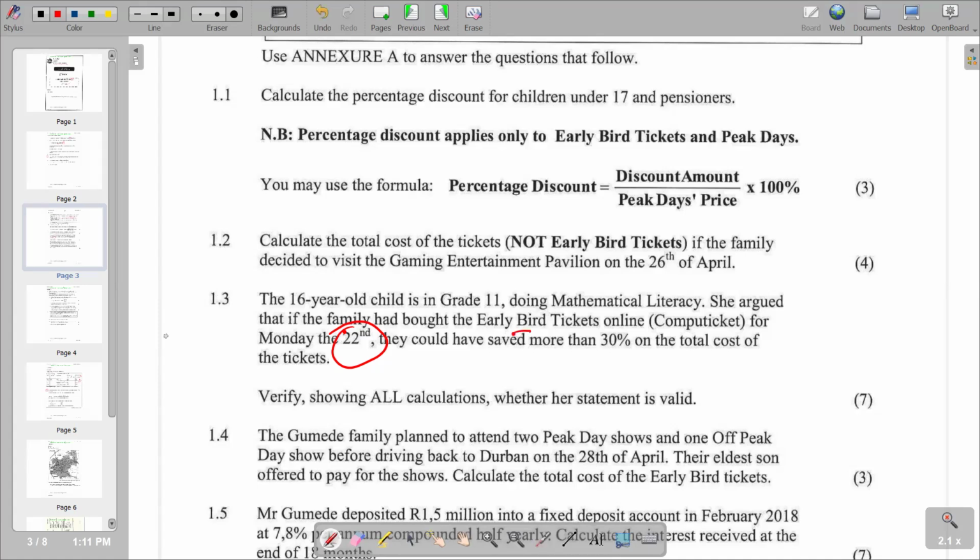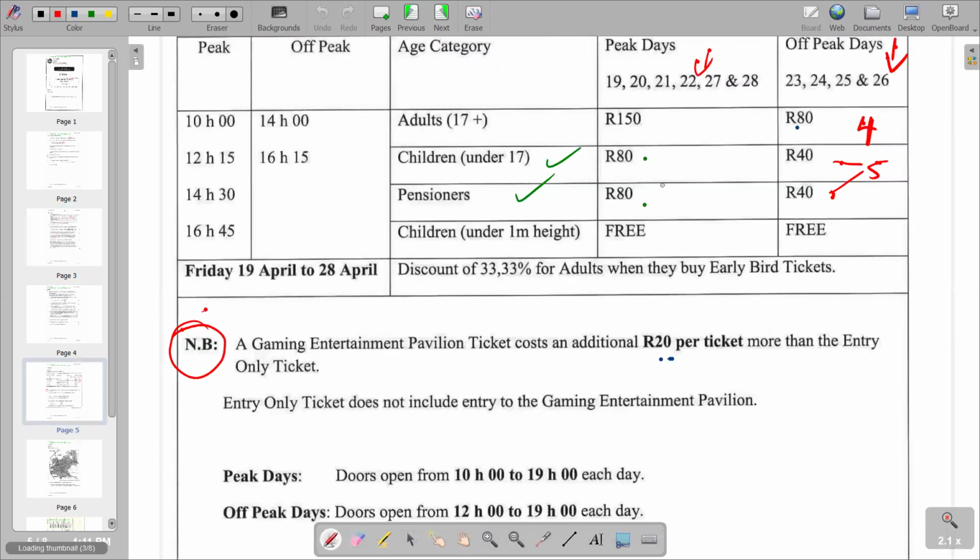You can start with the normal prices, which we base on the price in this column of peak days. And remember, the 22nd is in the peak days column. We have got four indicated here, and here we have an indication of five. So 4 times 150, and then we also add 5 times 80. So this is at the normal cost.